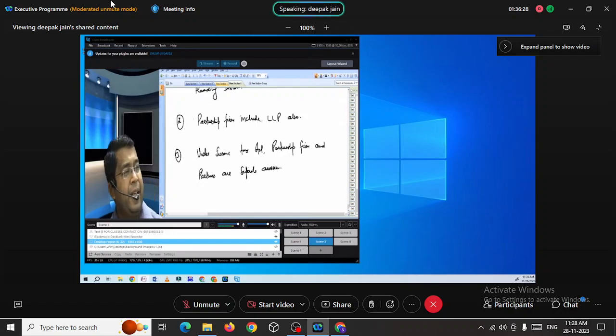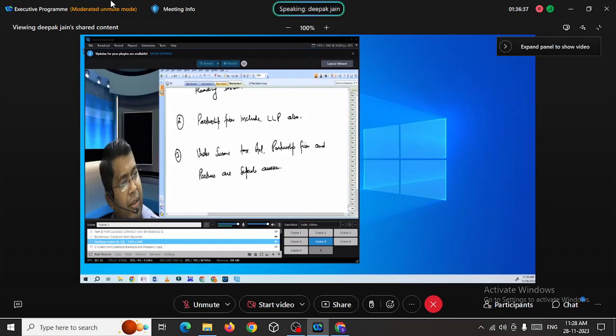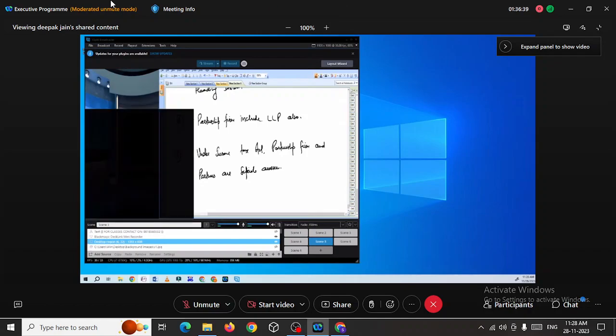Under Income Tax Act, partnership firm and partners are separate assessee. Clear, Shanta? Yes, sir. Clear?